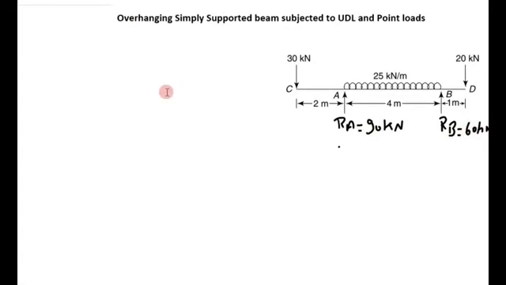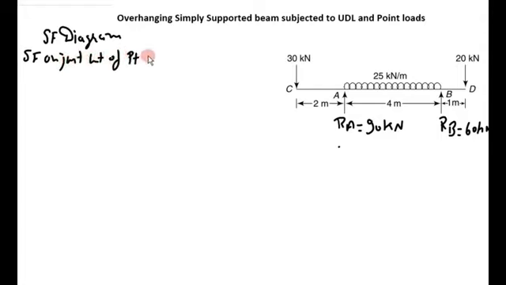Now after calculating RA and RB, we have to plot the shear force diagram. The first point is point C. First calculate the shear force just left of point C. Just left of point C there is no shear force, so this value is 0.